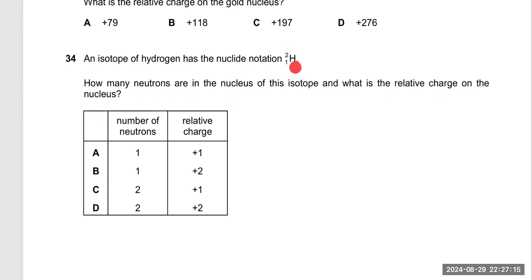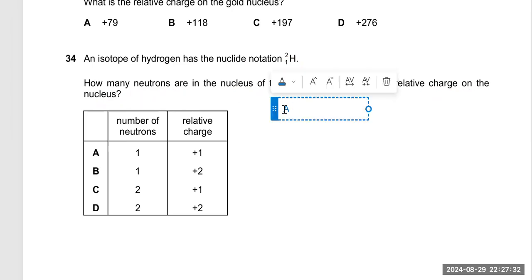It is very simple. When you have to find the neutron number, you have to subtract the proton number from the atomic mass. I will solve it in front of you, then you can easily understand what I want to say. Atomic mass is equal to proton number plus neutron number.